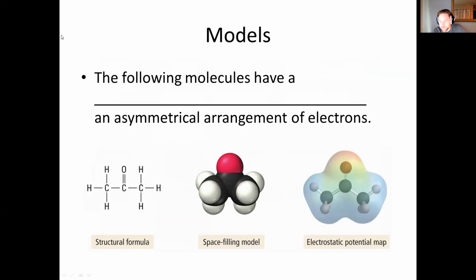How would you complete this statement? The following molecules have a what kind of force as a result of the asymmetrical arrangement of electrons?